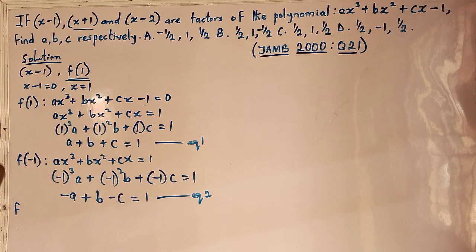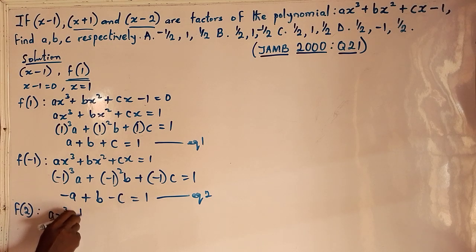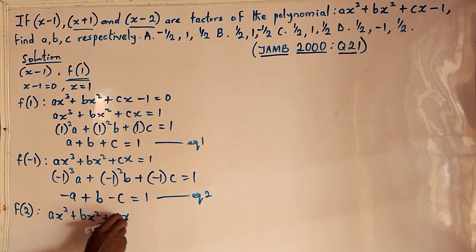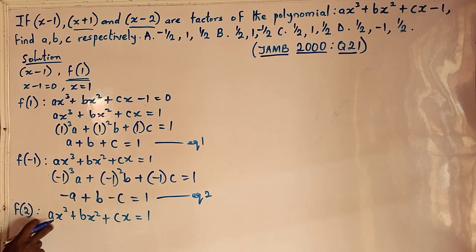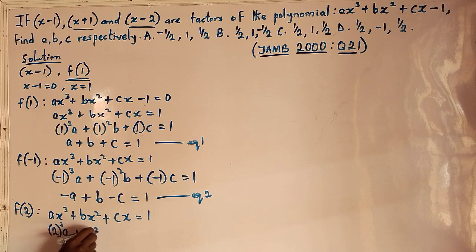For the last one, f of 2. If this is x minus 2, then we have f of 2. So we have ax cubed plus bx squared plus cx, and our x here is 2. So 2 cubed a plus 2 squared b plus 2c equals 1.